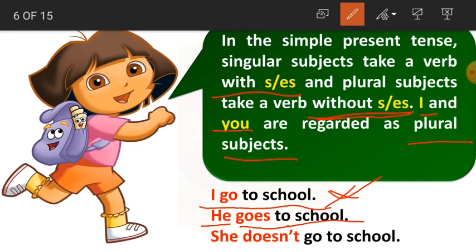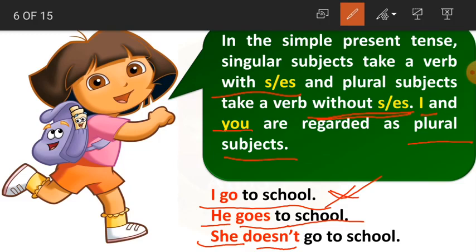Here also same. She does not go to school. She again singular. Does not, in the sense for do, we are adding es. Why? Because the subject is singular, we have to add es or s to the verb.